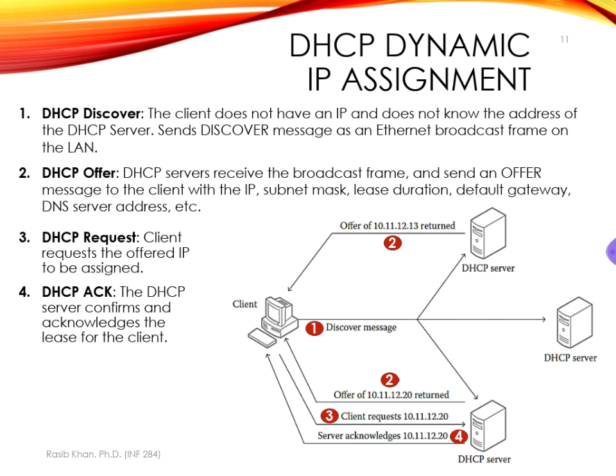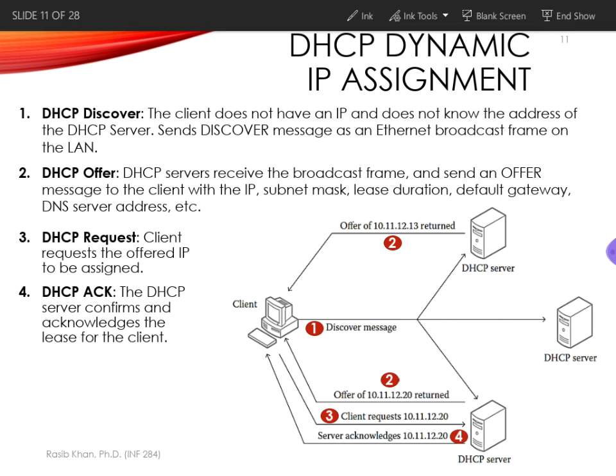So there are 4 specific messages in DHCP. First, we call it the DHCP discover message. Initially, when a client is connecting to the network, it does not have an IP address, nor does it have any idea where the DHCP server is located. So it sends out the discover message, which is an Ethernet broadcast frame.